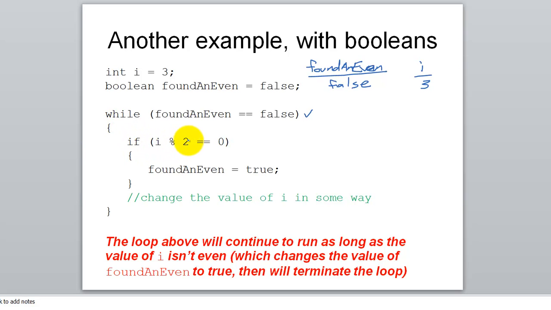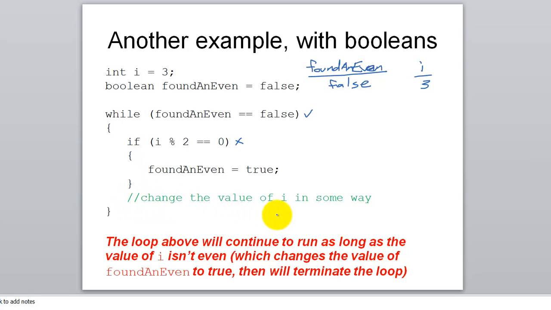If i mod 2 equals 0, so remember this is how we check to see if something is even, because an even number mod 2 is going to give us no remainder. So if i is even, then we will set foundEven to true. So this is a flag where foundEven becomes true as soon as i is even, but i isn't even, so this stuff doesn't run.